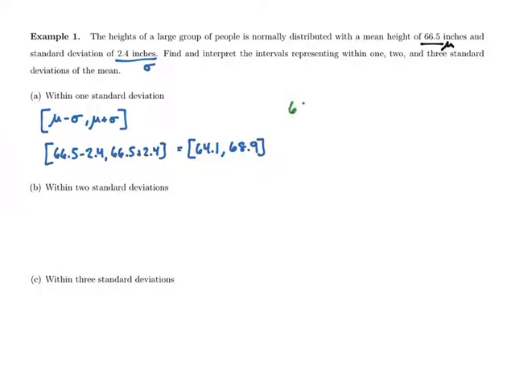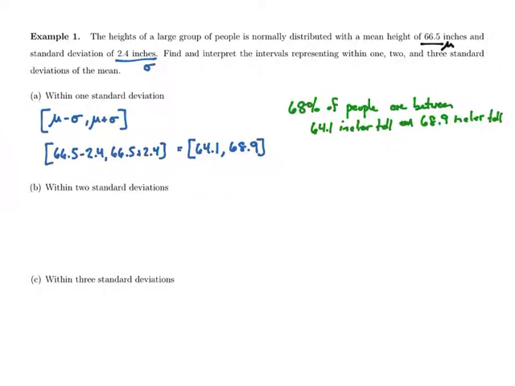That says that 68% of people in this large group are between 64.1 inches tall and 68.9 inches tall.